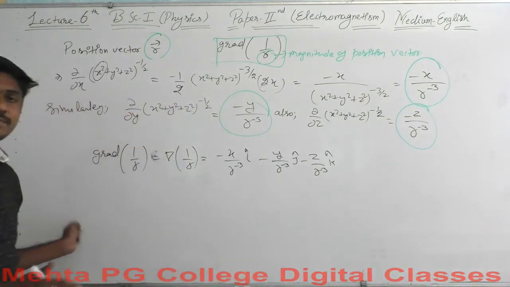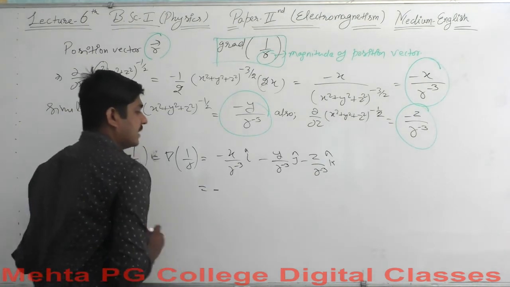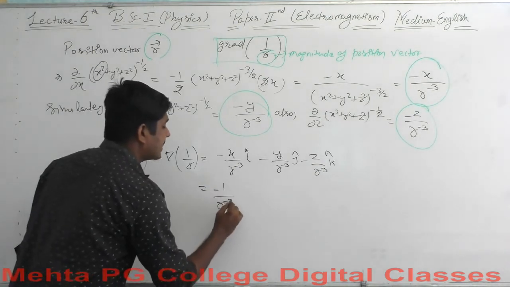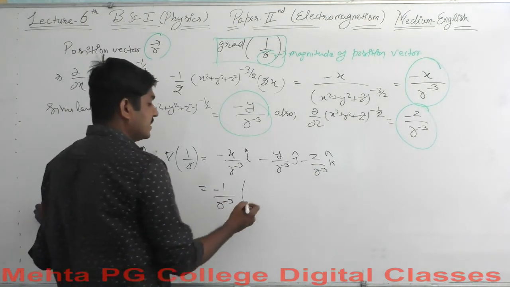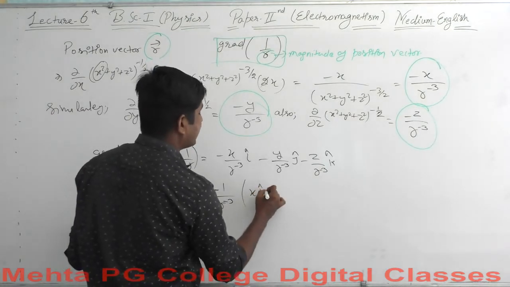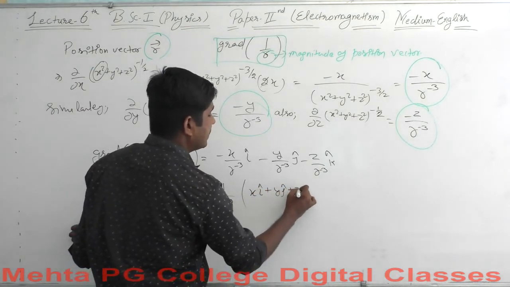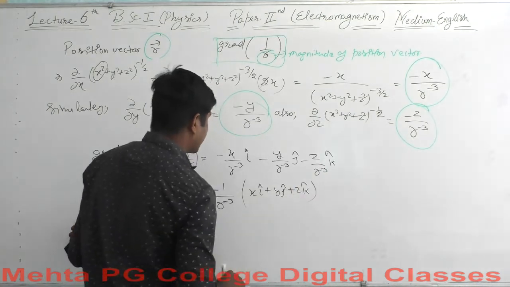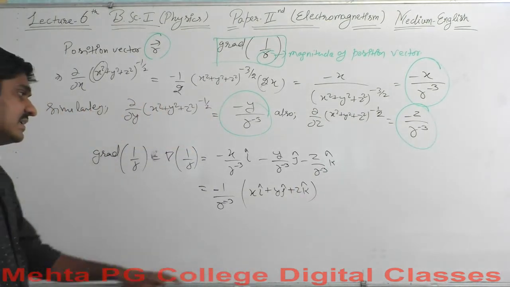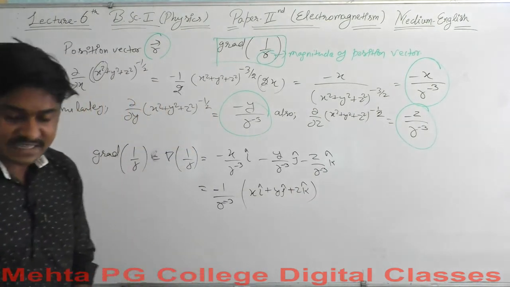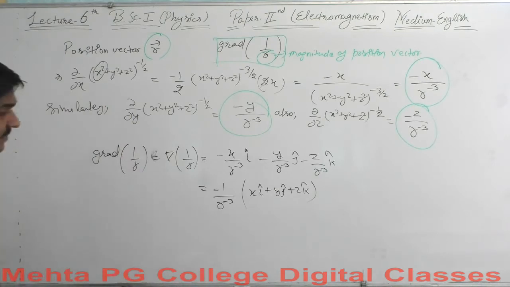So this is it. Okay. Taking minus 1 over r raised to power minus 3 common, we will have x i cap, y j cap plus z k cap. What is it? It is again the vector r here.